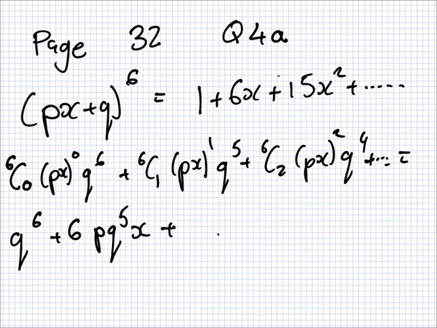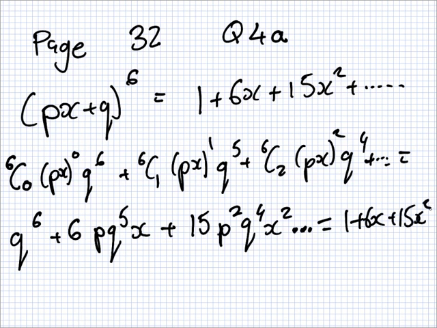Which way are the x's moving on the right? Ascending. Yeah, so likewise on the left. 6c2 is 15. So 15 p squared q^4 x squared dot dot dot equals 1 plus 6x plus 15x squared dot dot dot.